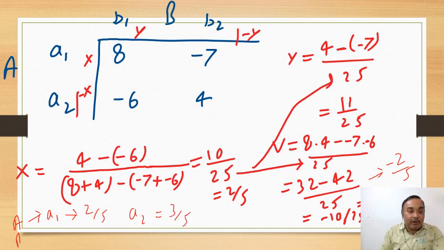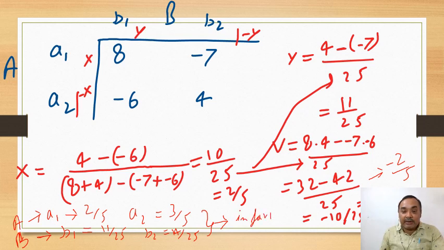B will go for B1 strategy by 11 by 25 and B2 by 14 by 25, and the result will be in the favor of, because it is minus, that means in favor of B. How much? By 2 by 5.